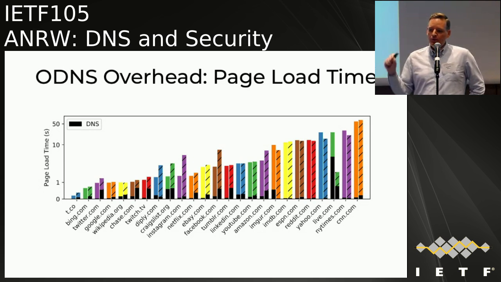You can see, the right-hand bar for each is ODNS. You can see for a few pages, we're a decent amount slower. So Craigslist, Instagram, Facebook, those mostly things that have a lot of little objects, are what we are a little bit slower on. But overall, we're performing pretty closely.